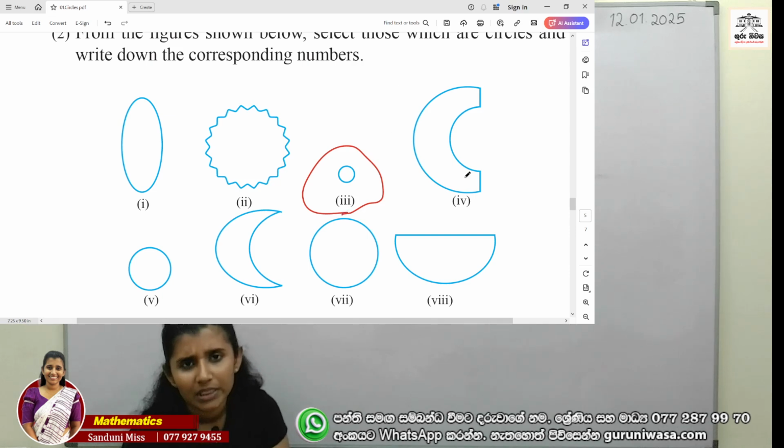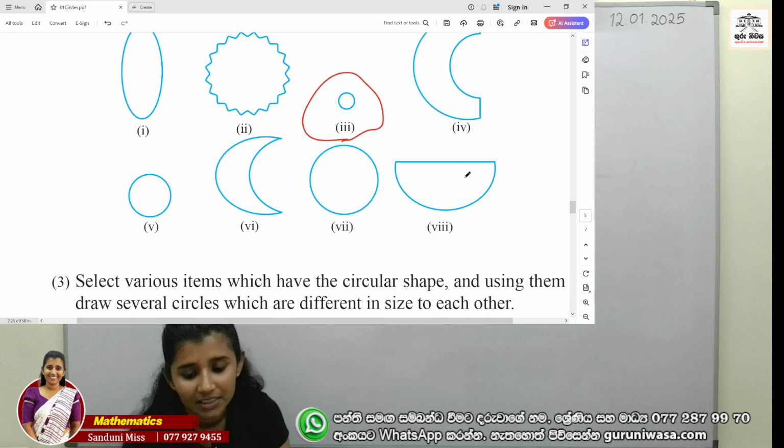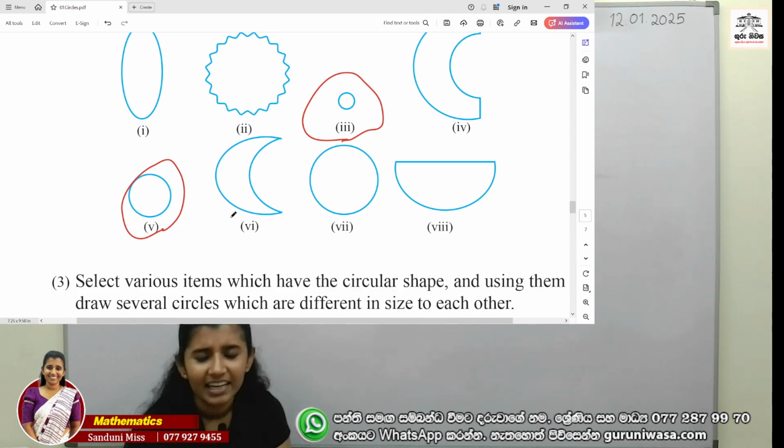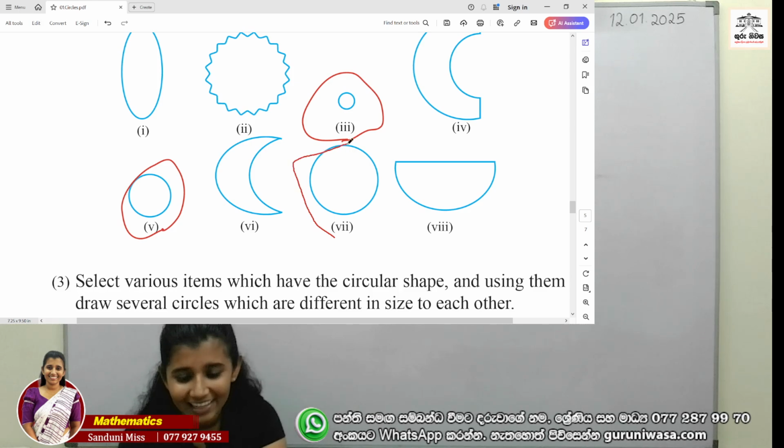What about this? Maybe it was a circle and they have cut it. What about this? Yes. What about this? No, why? It's like a moon shape, not a full moon. What about this? Yes. This?